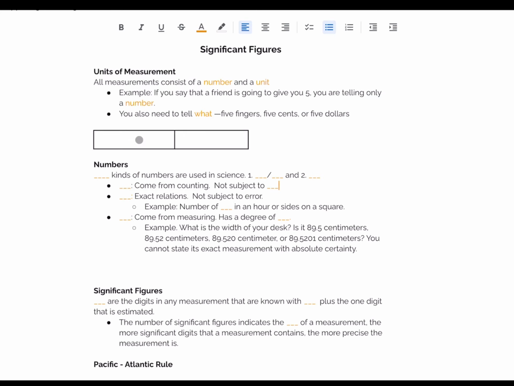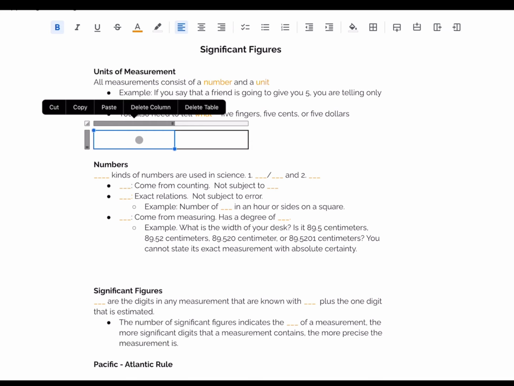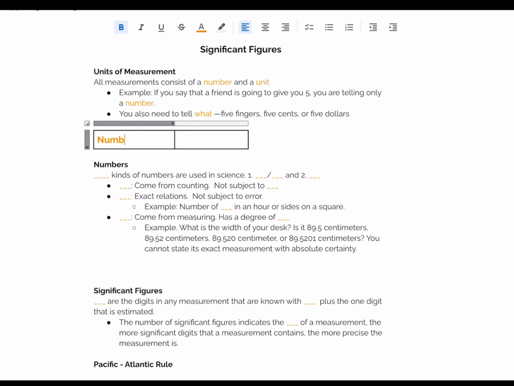Every single measurement is going to consist of a number and a unit. Later on in the semester we might add on to that, but for right now, we've got a number and a unit. These both tell us things. They tell us what exactly it is and how many. We need to have both of that. So if we're saying 5, is it 5 fingers, 5 cents, $5? We need to have this what with it.